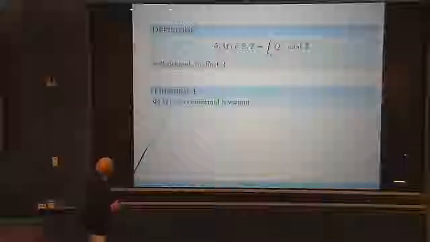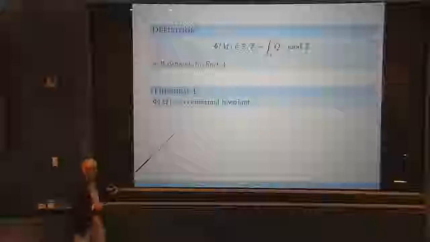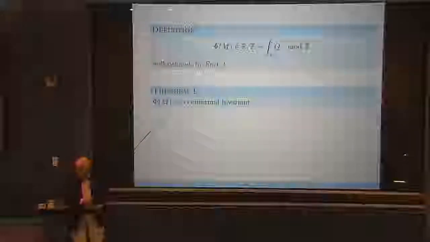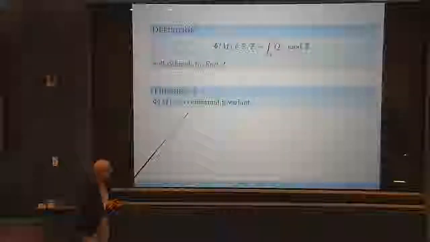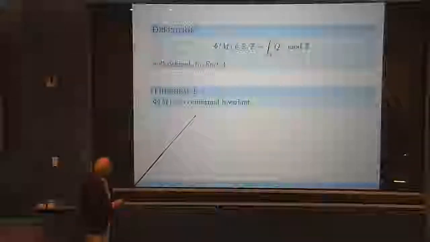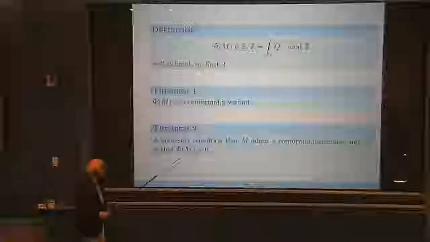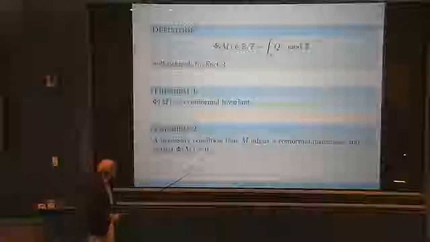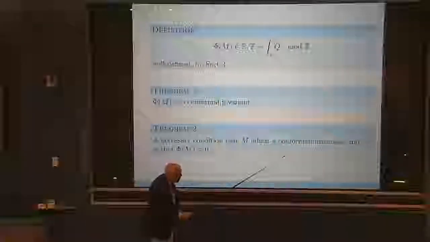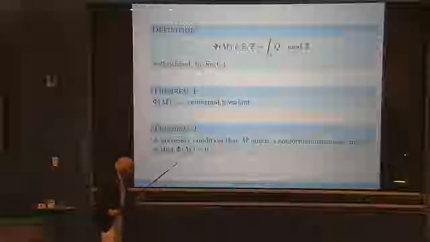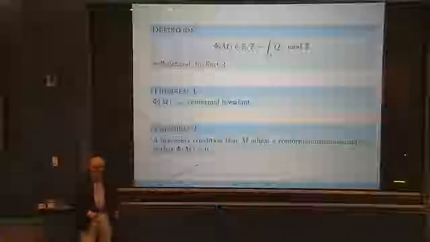So here's a theorem. It's a conformal invariant. It seems to depend on the metric, but if you change the metric by a positive function, you'll get the same answer. And theorem 2: a necessary condition that M admit a conformal immersion into R4, one dimension higher, is that this invariant, this measurement, phi of M, is zero.